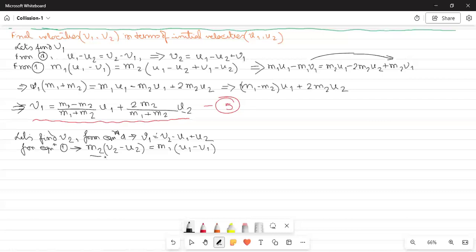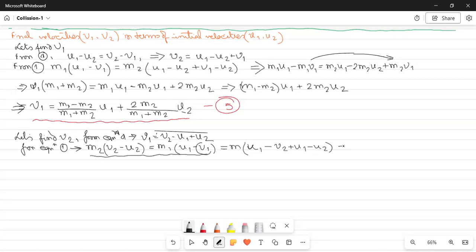This was actually equation 1. We have repeated it here. On the right hand side, this v1 we replace by v2 minus u1 plus u2, so it will be minus v2 plus u1 minus u2.